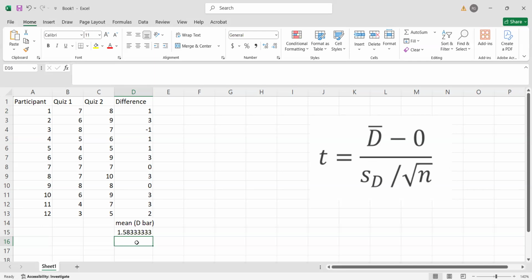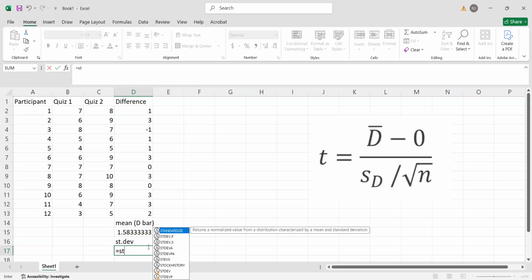Very good. I'm just going to put down st.dev there, which is the way that I remember standard deviation. You could also put capital S, capital D, or write out standard deviation, whatever helps you. To do that, you type in equals, and the function is STDEV.S because this is a sample.